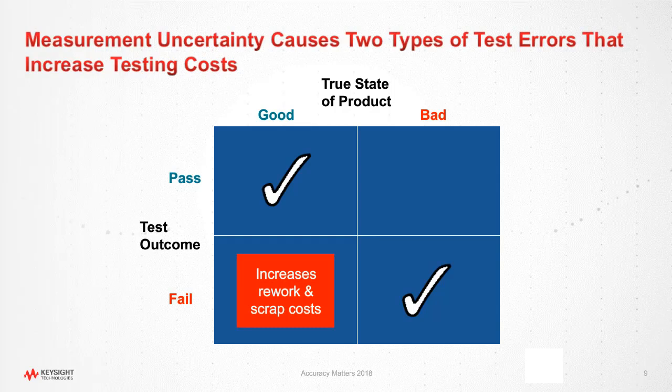But perhaps the most insidious one of all is when you pass it, but really it was bad. What that will do is eventually increase your warranty costs and possibly even affect your reputation.